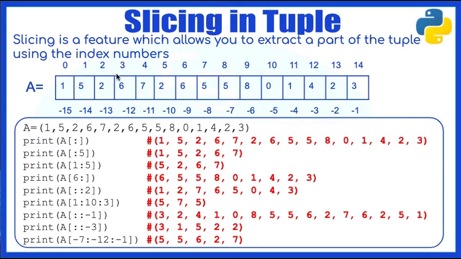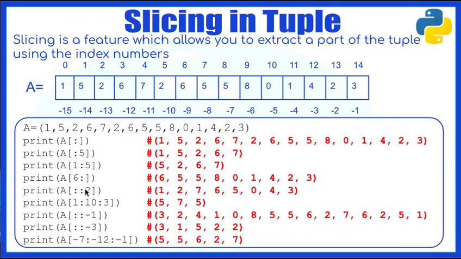Therefore 0 to 4 is 1, 5, 2, 6, 7. Therefore you'll get this. 1 to 5 means start from 1, go till 4. So 5, 2, 6, 7. When you say 6 and you're not providing the last element, that means you start from 6, go till the end. So 6, 5, 5, just see these numbers and you will be able to easily understand it.